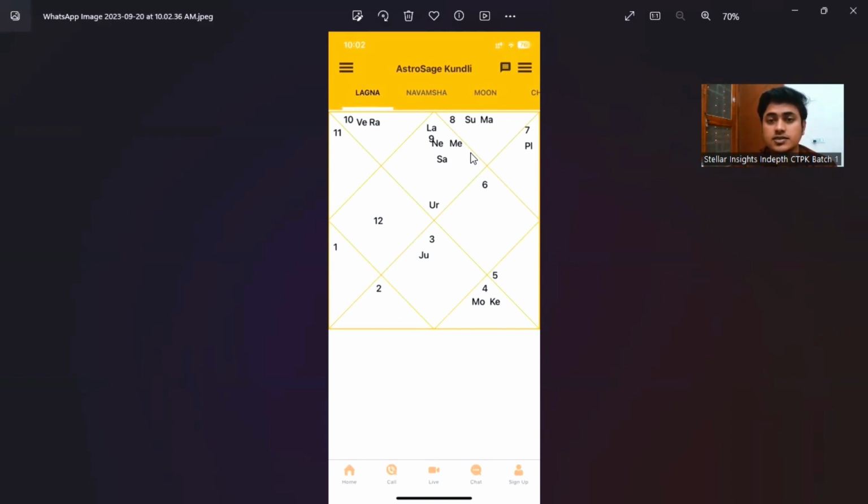To understand the characteristics of that person, which planet will we see? Jupiter. Then we will see 159, 212, 17 with respect to Jupiter. Got it? Understood?